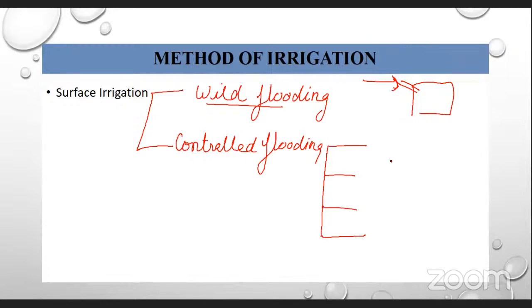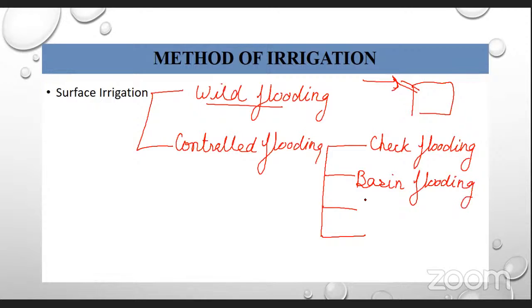The first one is check flooding, the second one is basin flooding, the third one is border flooding, and the last one is furrow flooding.